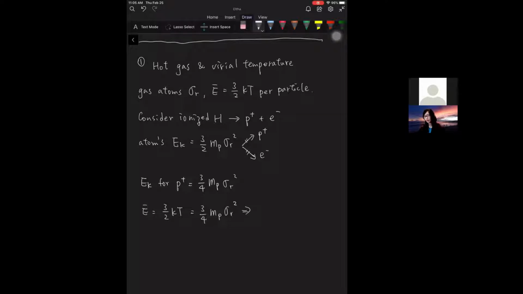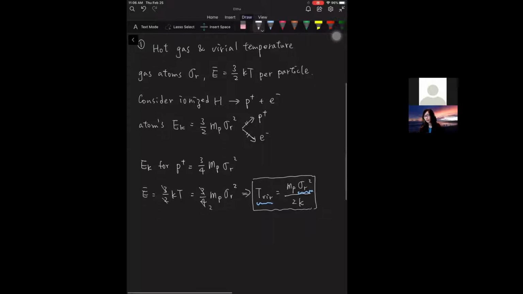By canceling out, we get the virial temperature equals mp sigma r squared over 2k. We call this temperature the virial temperature. Notice that this virial temperature is proportional to sigma r squared.